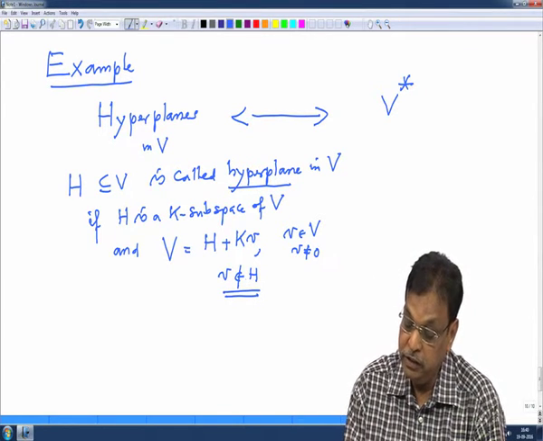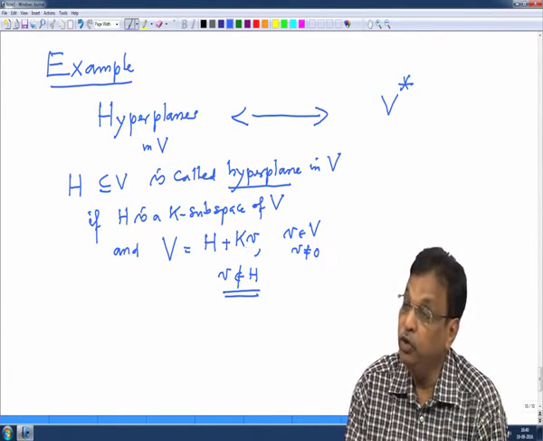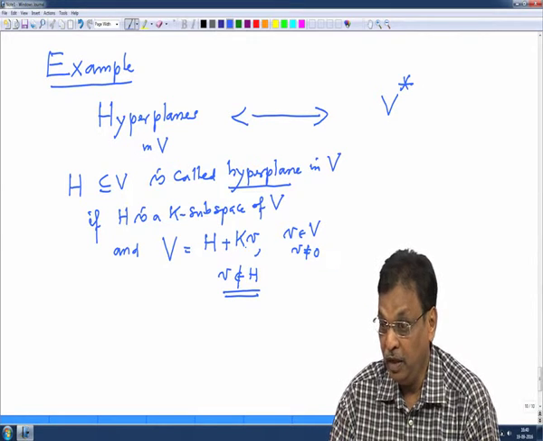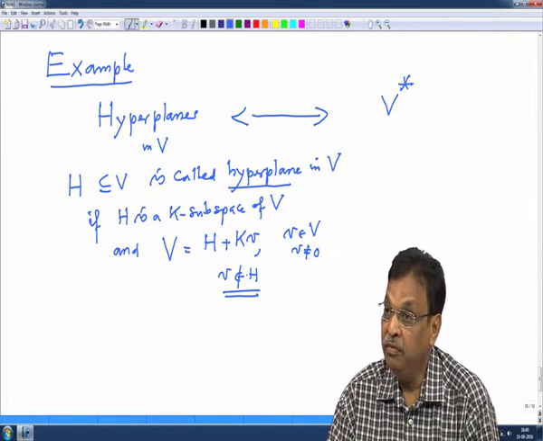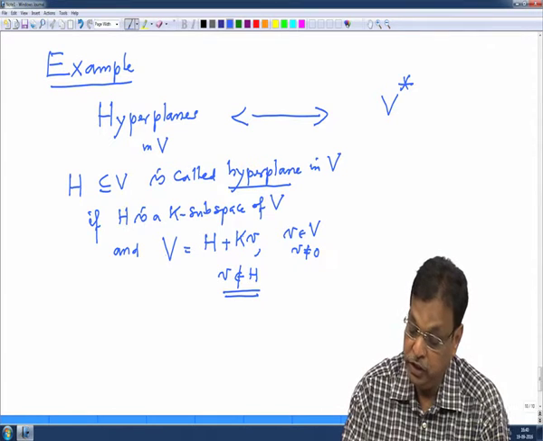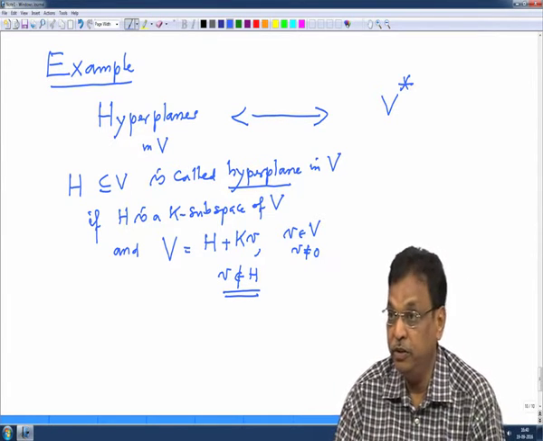If v is not in H, then definitely you need it in a generating system, and along with that v it generates V. So, that is exactly one dimension more.